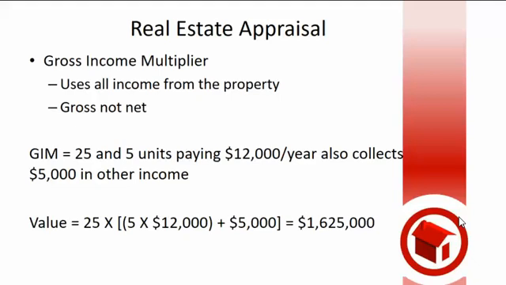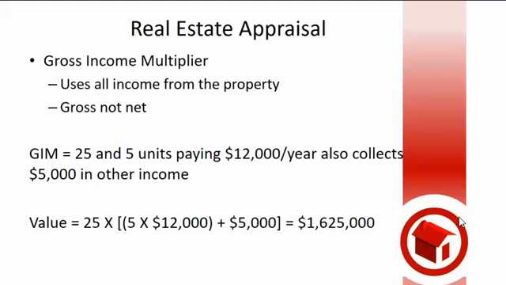Typically, rule of thumb, 4 units or less uses gross rent multipliers, because on a fourplex there's typically not a lot of other income. But you can start getting into a 600 unit apartment complex, and there's a whole bunch of other income. So you want to capture that value, so they use this other thing called a gross income multiplier, a GIM.